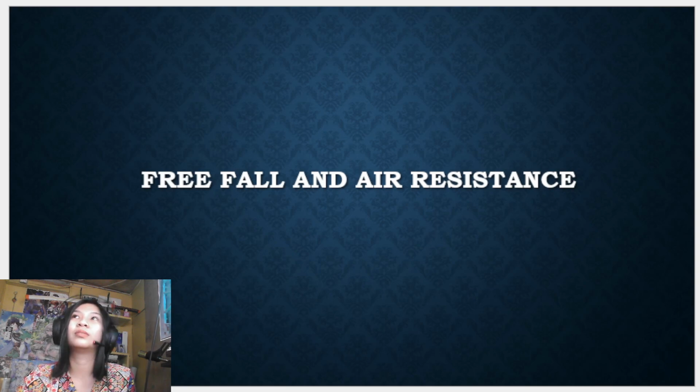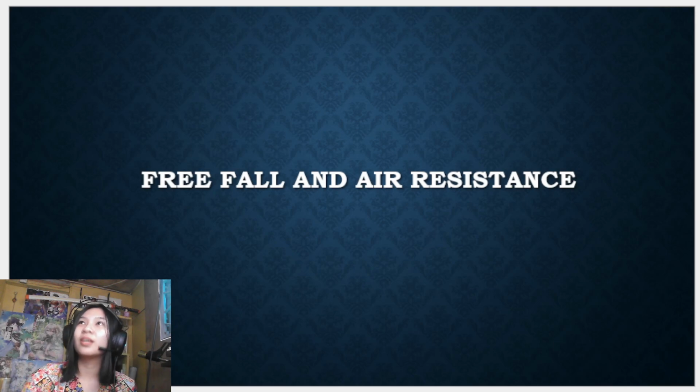Like the moon, no? There is no air, no atmosphere on the moon, or if there is, it's very minimal, very little. So there is no air resistance happening to a falling object there. That is why it is in a vacuum. So that is pure free fall.